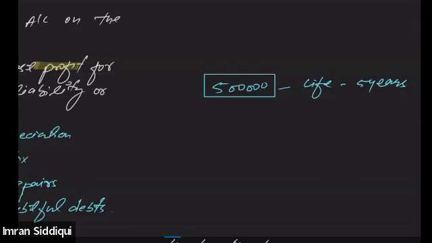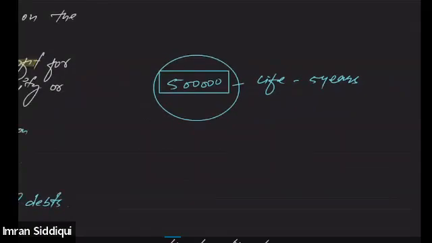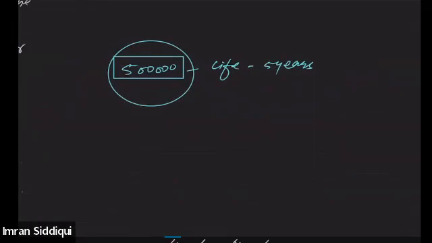So we are sure that after 5 years, this machine will be of no use. So what do we do? We make provision for depreciation so that once the life of the machinery is over, we have a sufficient amount of funds to purchase the machinery again, to restore the machine.